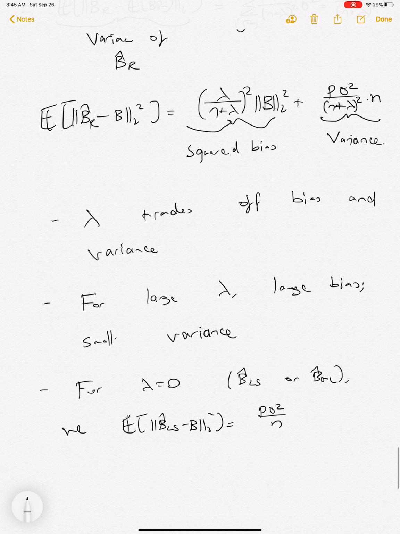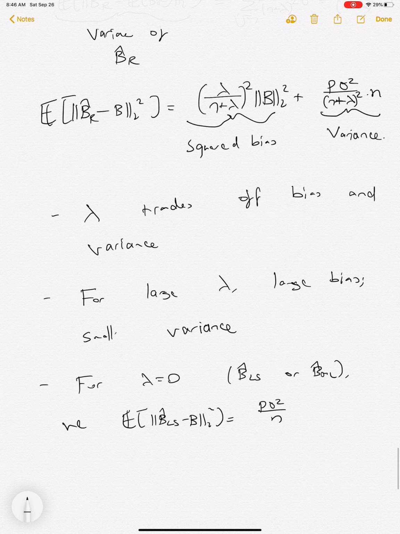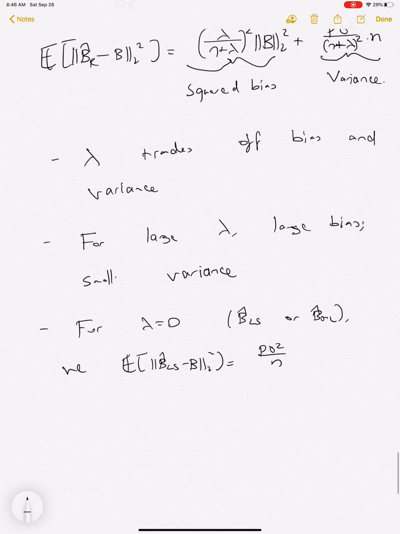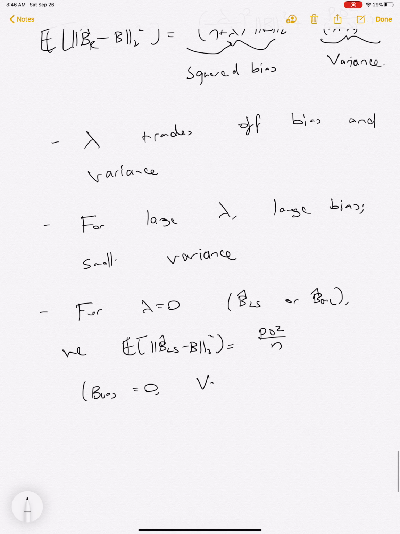And you can see that that exactly agrees. We did this calculation way back when we did the first module on linear models, and you get exactly the same result here. So the bias equals 0 because it's unbiased as we found out before, but the variance is p sigma squared over n.